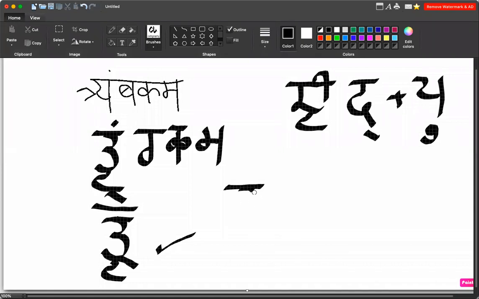So tra is a conjunct in itself, like this, and then the remaining letters. Okay, I'll just confirm that for you. My understanding is this should be the correct one, if it's following the rule for matras. Just give me one minute, I'll confirm that for you.